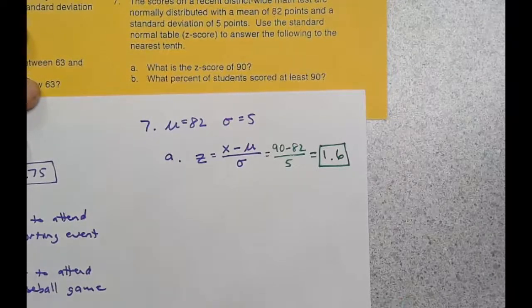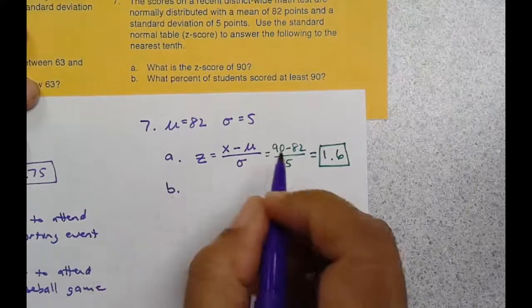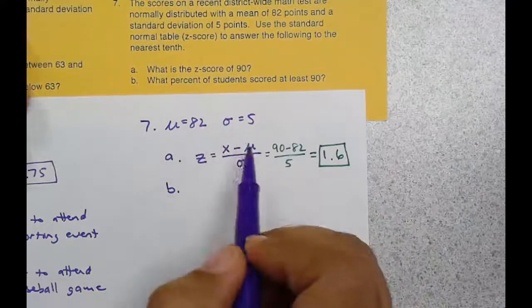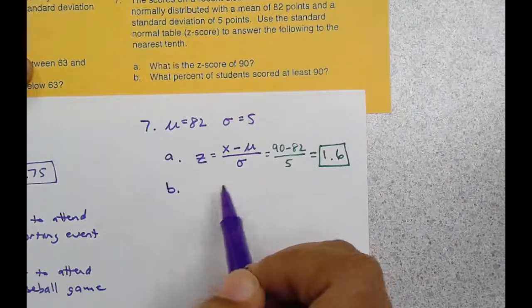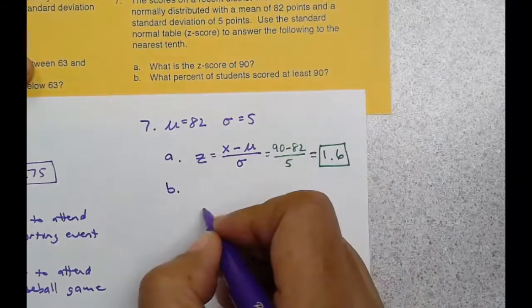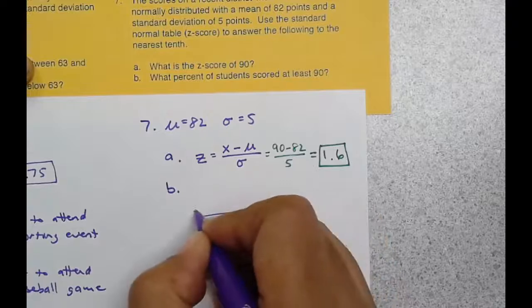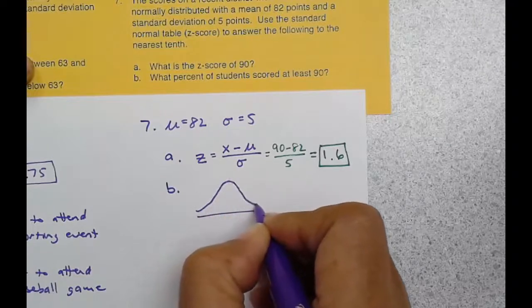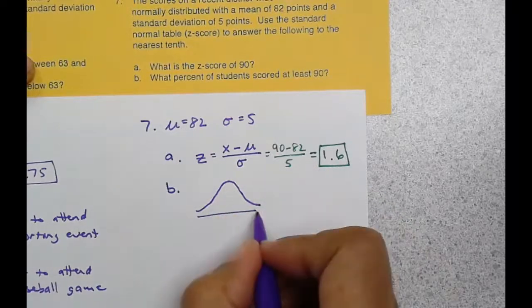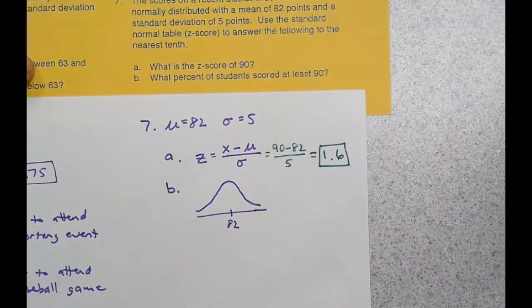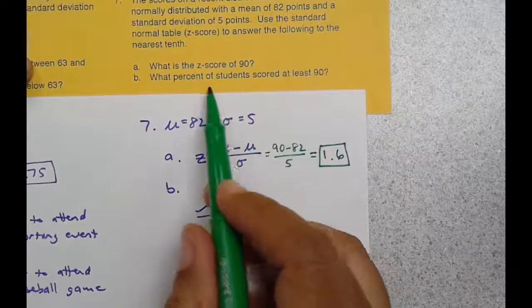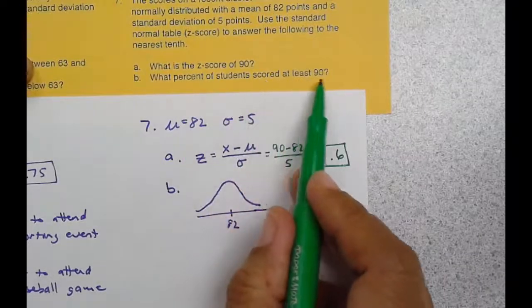All right, and then for part B, we have to find the percent. Now remember that when you are given a z-score, it's going to give you the value from the left up until that point. So I'm going to just draw a picture so you can get a visual of what it is we're finding. Keep in mind that the mean should be right in the middle, which is 82. And we're looking at the percent of students that scored at least 90.